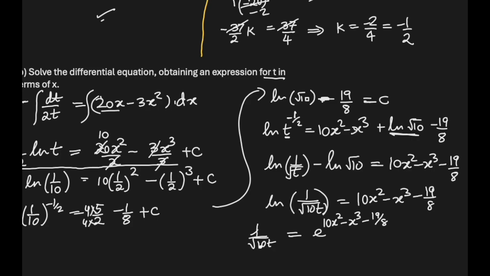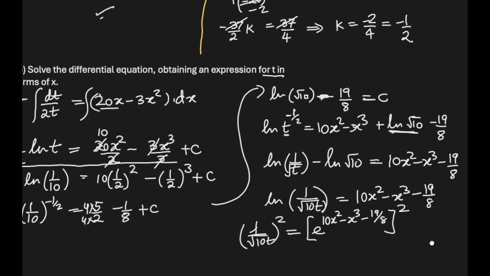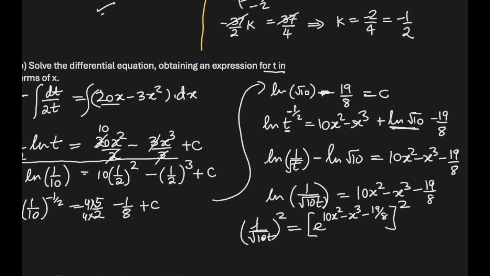And to get this t, we'll have to square both sides. What do we get? This will become 1 over 10t equal to e to the power 20x square minus 2x cube minus 38 over 8, or 19 over 4.